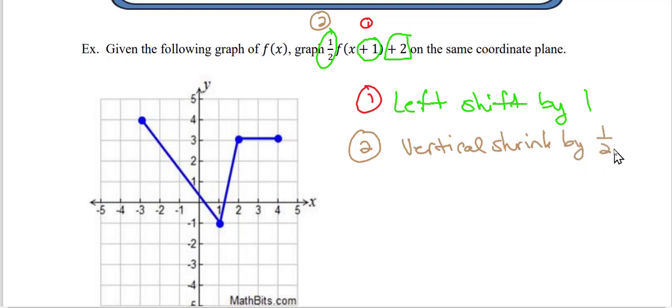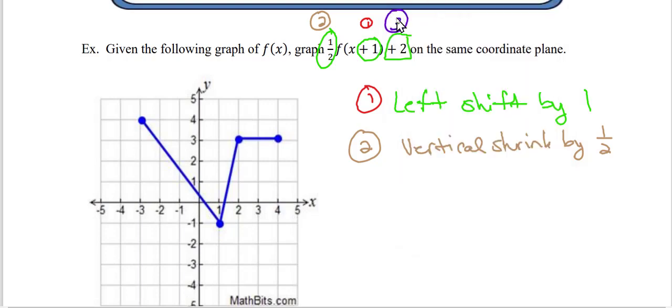And I don't want you to necessarily memorize all this stuff, but just think about how that 1/2 is multiplied by the function, and the function represents those y values, right? The output of the function is the y values. So that's why we are multiplying all of the y values by 1/2 in that step.